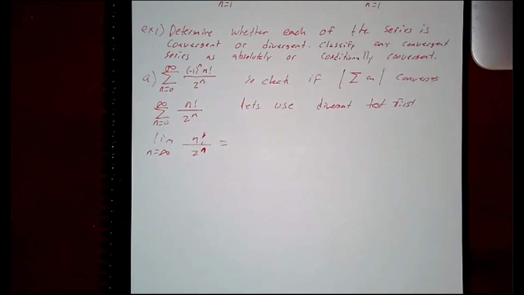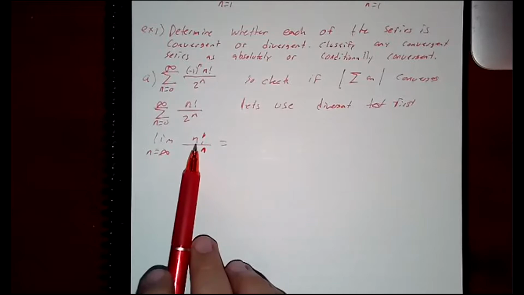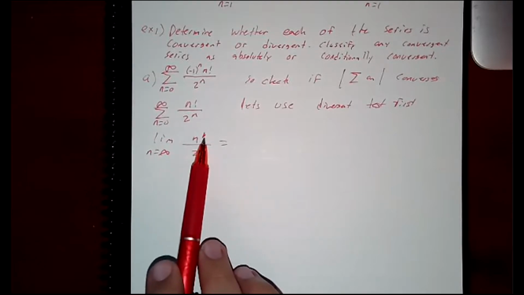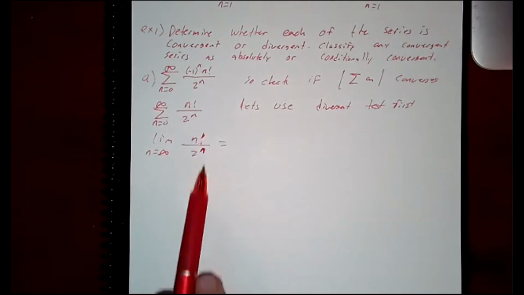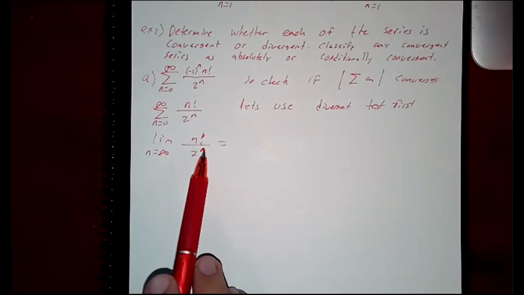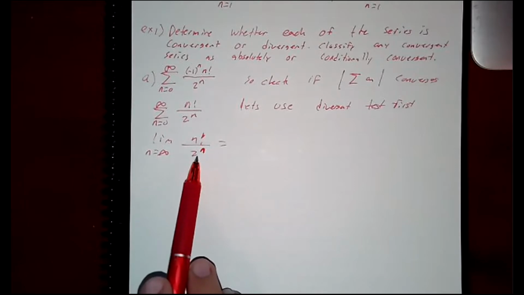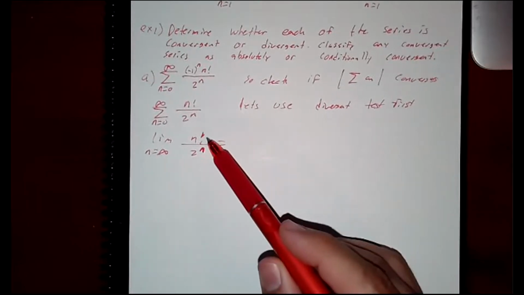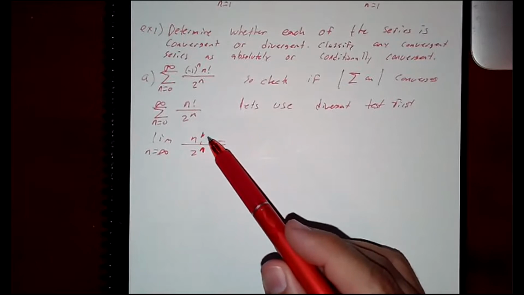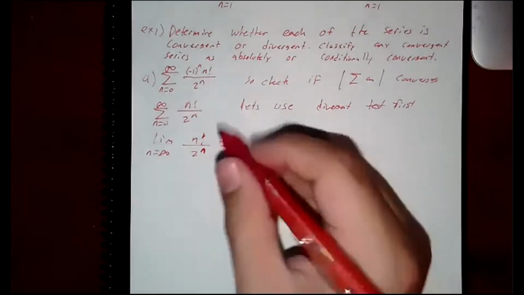What is n factorial? It's every number multiplied leading up to whichever factorial you choose. So if I choose 100,000 and I multiply all the way down to 1, would that be bigger than 2 to the 100,000? That would be just a bunch of 2's. This thing would be a bunch of numbers all the way down to 1, so the top is bigger. This limit is infinite.